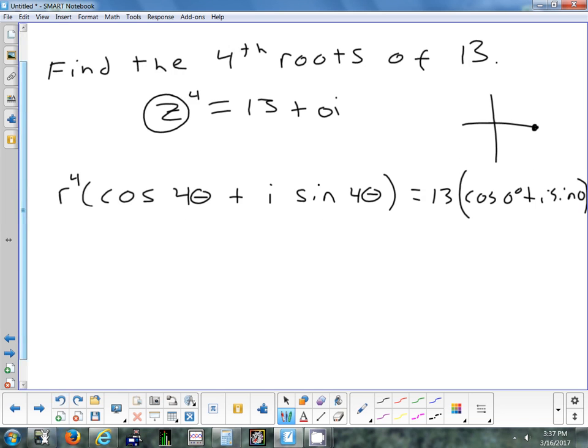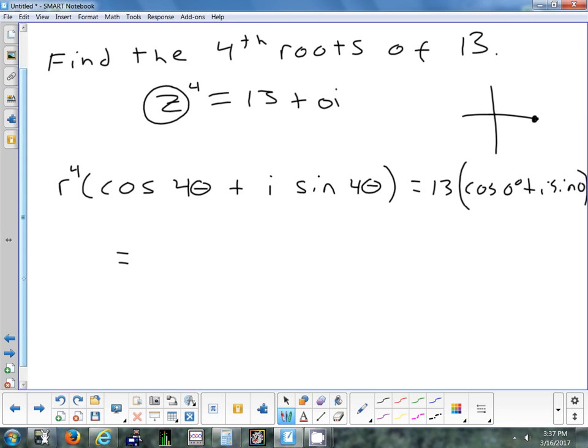Now we've got to set up two equations. What's going to be the equation for my radius? R to the fourth equals 13. Well, you could do r if you're skipping a step.